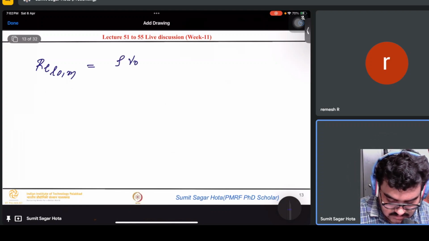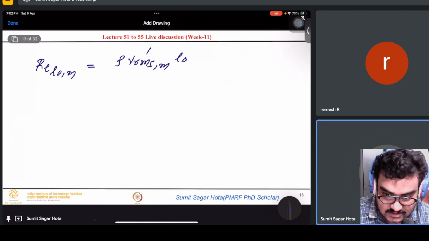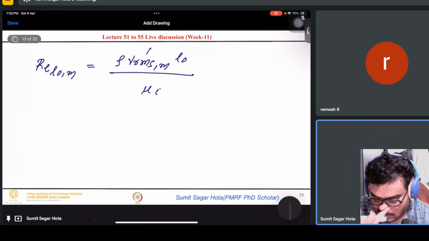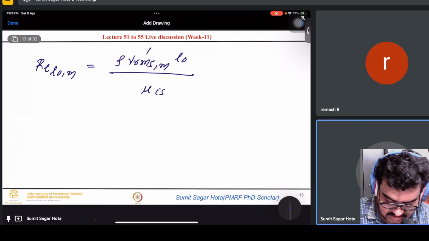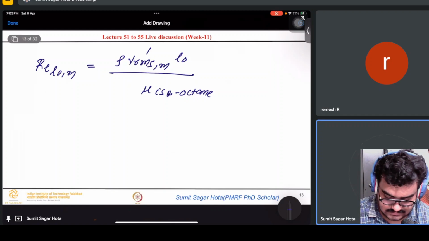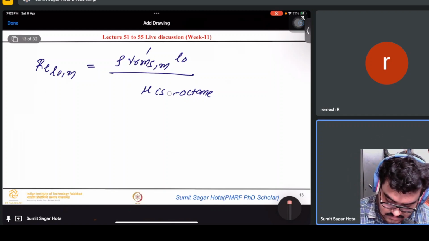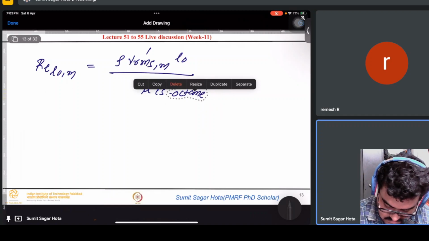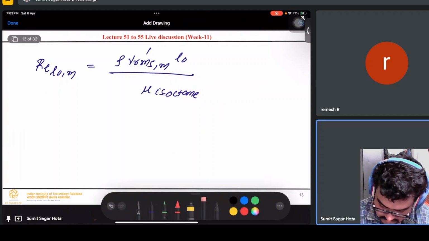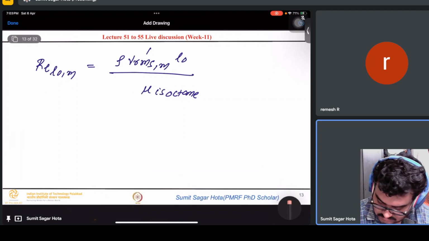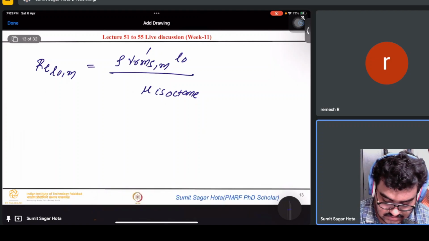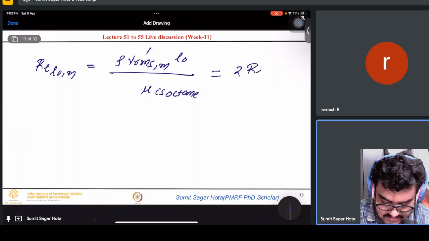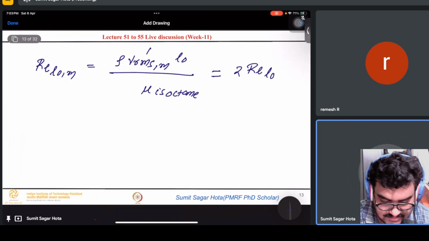Reynolds number: VRMS prime times L naught divided by the kinematic viscosity, in 12.2 the fluid is isooctane. Directly, if we compare, it's 2 times the initial value for the prime.